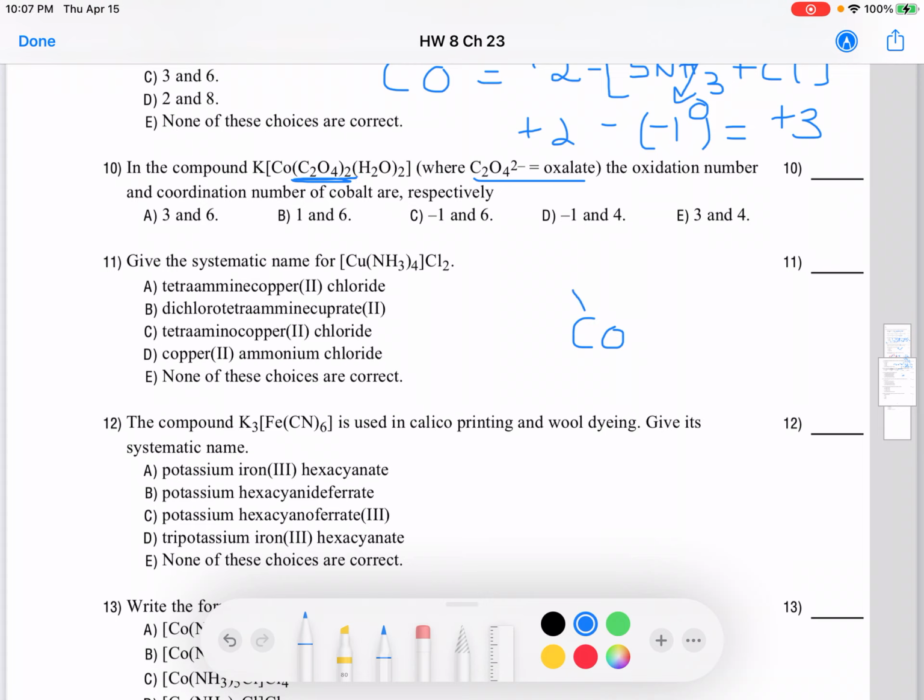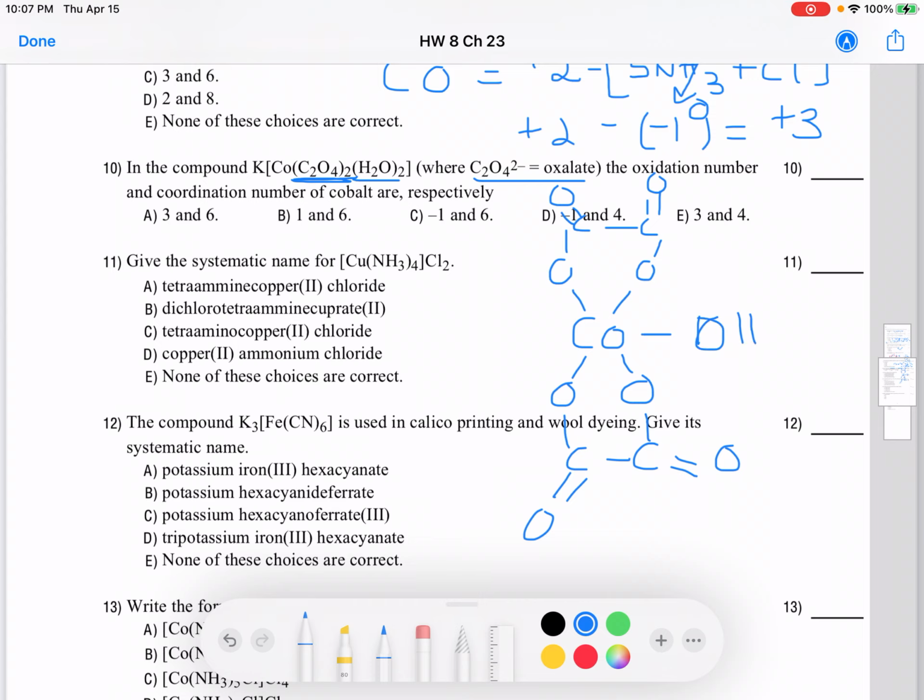Remember I told you C2O4 has oxygen, oxygen, carbon, carbon, with carbonyl groups. So there are 2 of those. And there are 2 water.